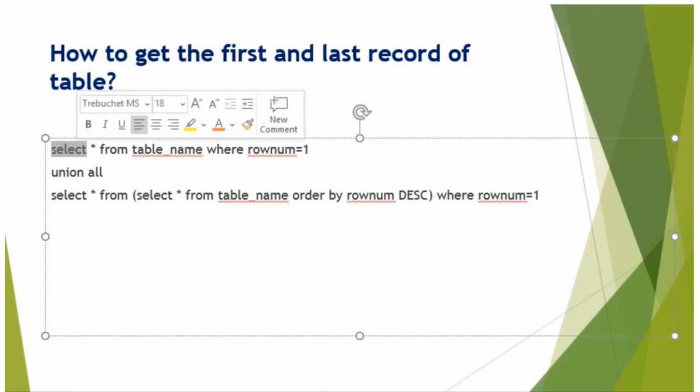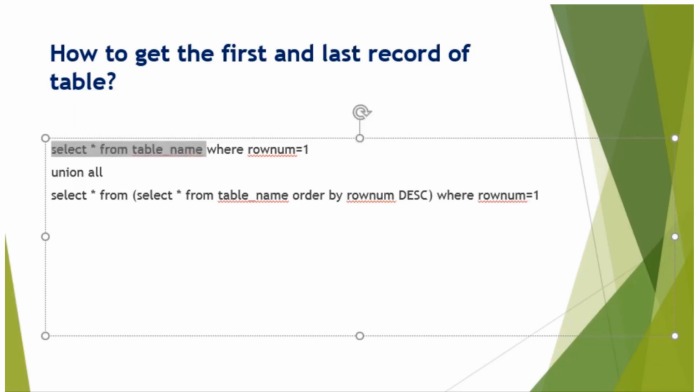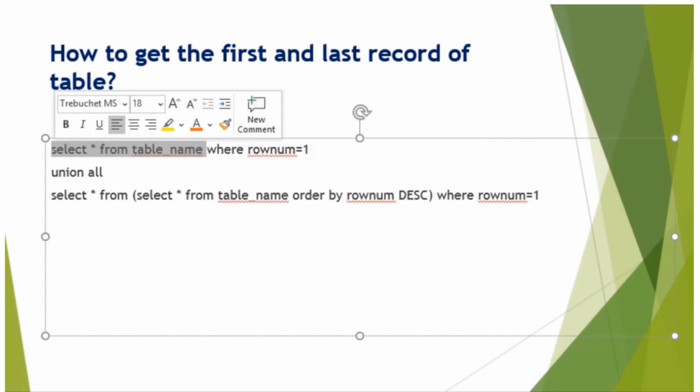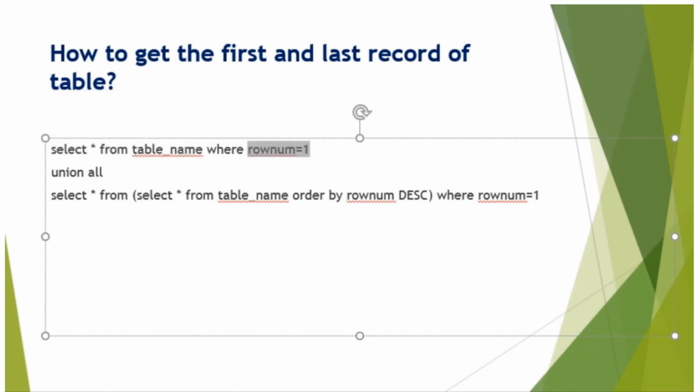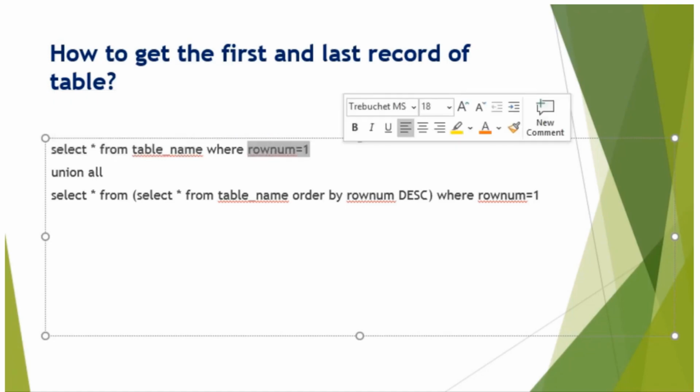If I have a table with 20 records and I perform select star from table name, then it gives the 20 records, right? For the 20 records it will give the rownum value, storing the sequence for every record.